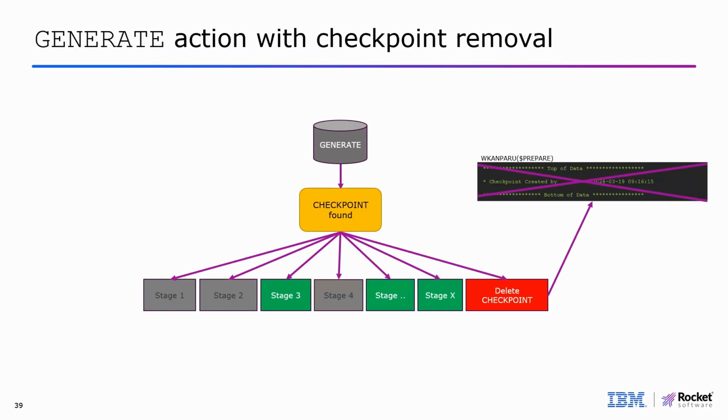I will just run my remaining stages by refreshing the respective runtime libraries accordingly, the respective parameter libraries accordingly, and I will remove my checkpoint so that I'm up and running. You can just recycle the started tasks, and that's it. Okay, so that's one of the possible extensions or enhancements that we will see going forward.